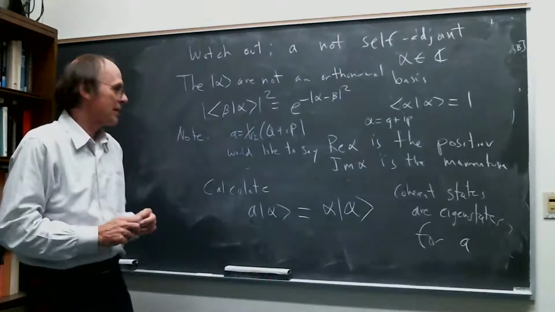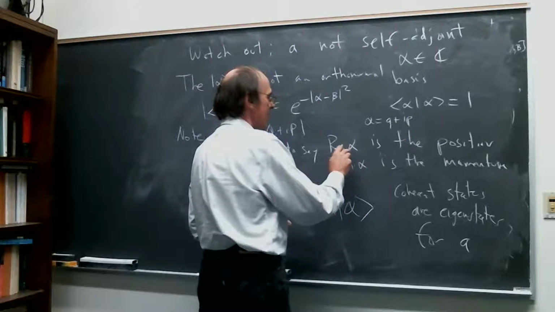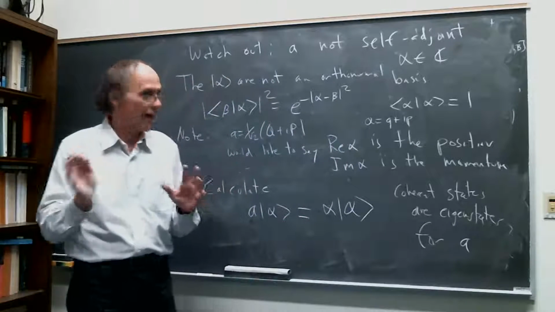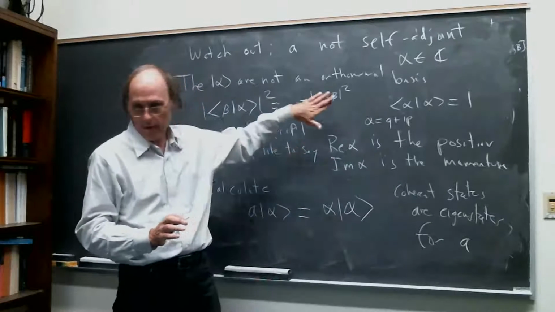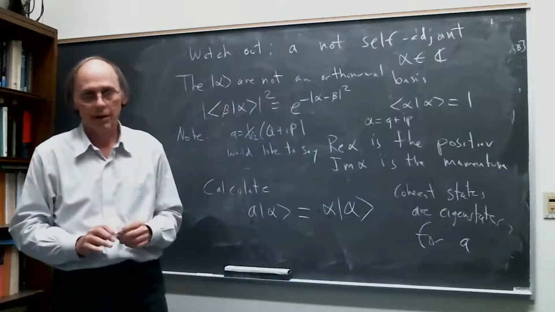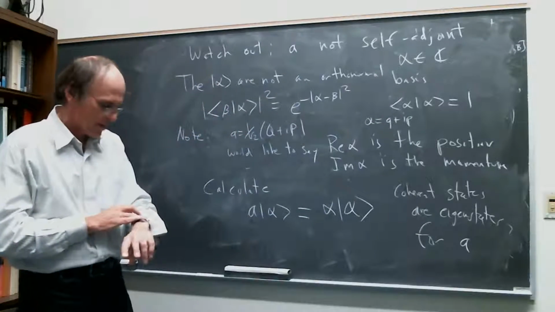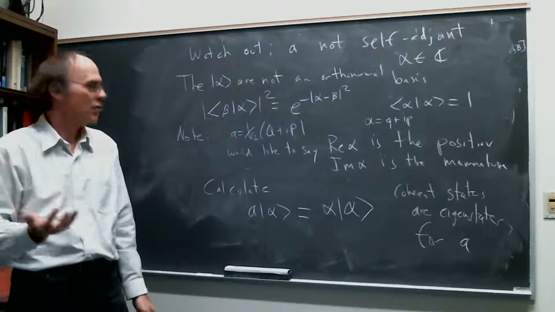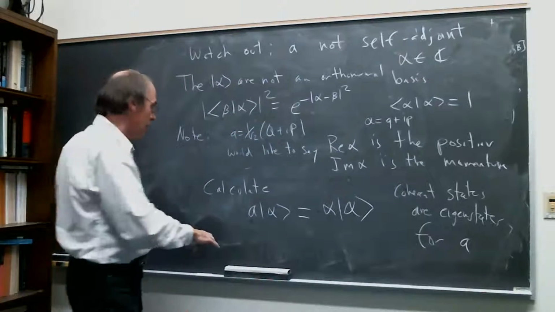But the problem is that they aren't actually Q or P eigenvectors, so these things don't live at a specific value of Q or of P. But another reason these are interesting is that they're about as close as you're going to get to some kind of classical behavior.